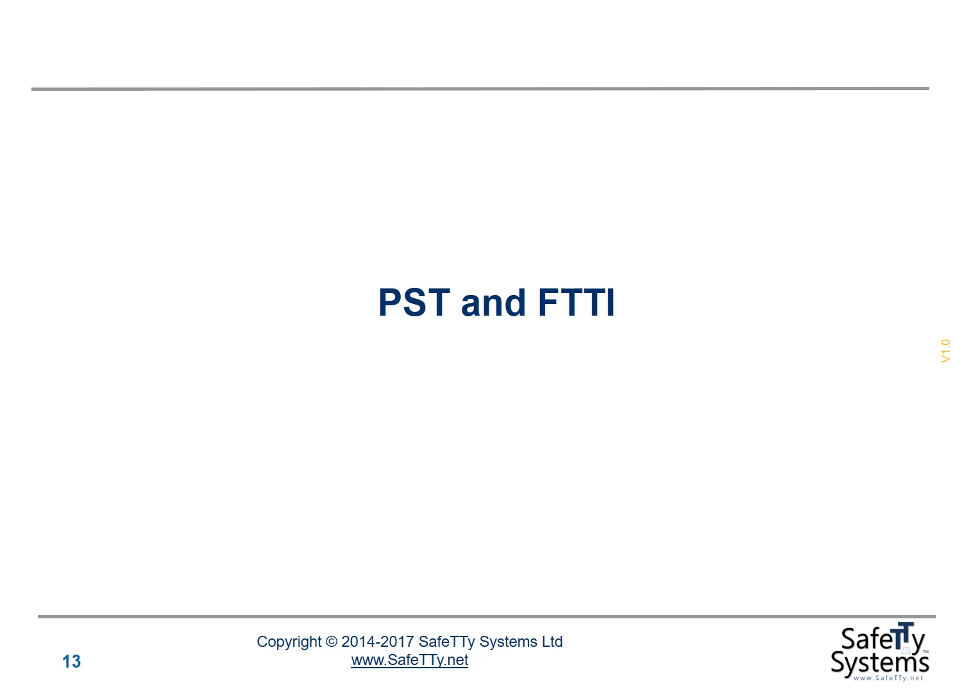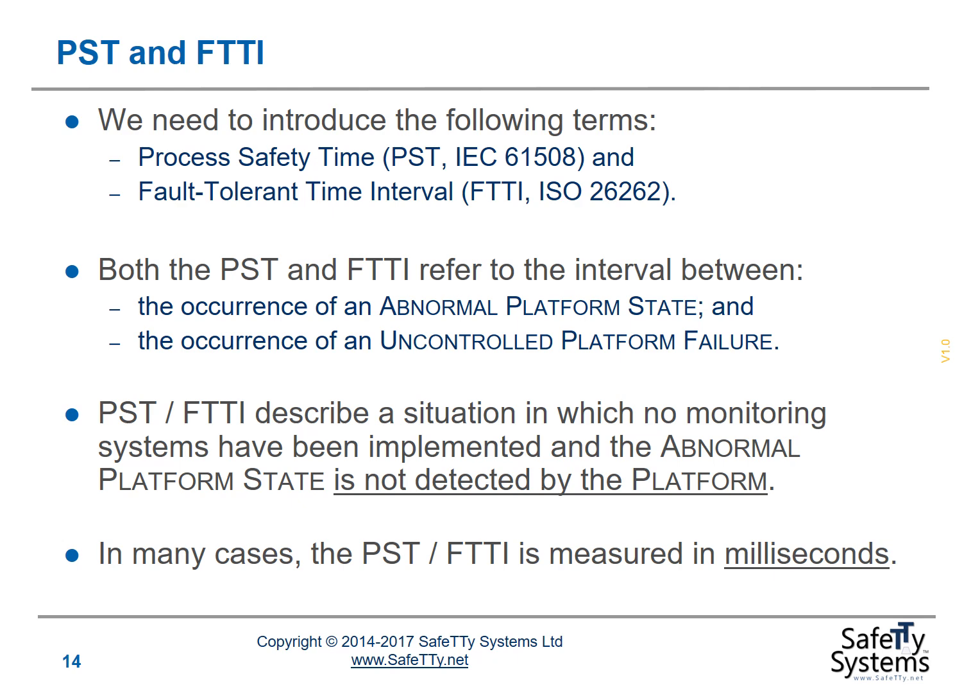We need to consider a couple of important terms here. The process safety time, which comes from IEC 61508, and the fault-tolerant time interval, which comes from ISO 26262, are two key terms. They both mean the same thing.